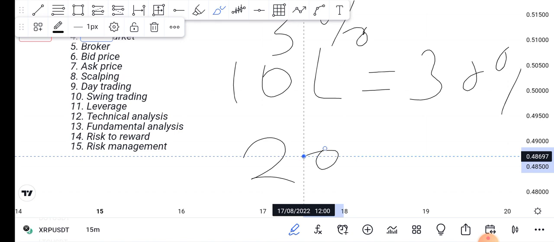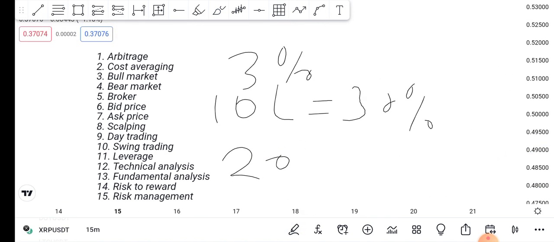But at that point, you're already finished. There's nothing you can do. You are likely to even lose the rest because your psychology will not be proper. You'll be thinking the opposite. So that's why for you to keep yourself in the market as a trader, you need to employ risk management.